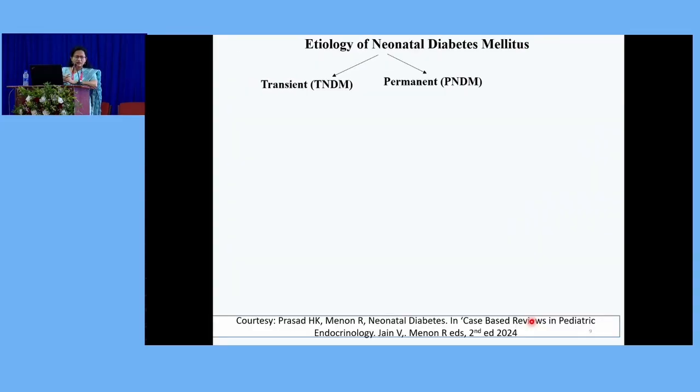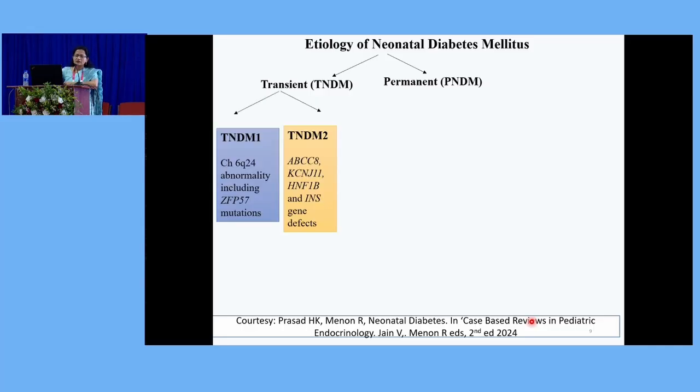So as I said, neonatal diabetes could be transient, that is in about 30% cases, and permanent in about 70% cases. If you look at the genetic etiology, TNDM, or transient, can be of two types. One is caused by abnormalities in the 6q24 chromosome, and ZFP57 is also another important etiology.